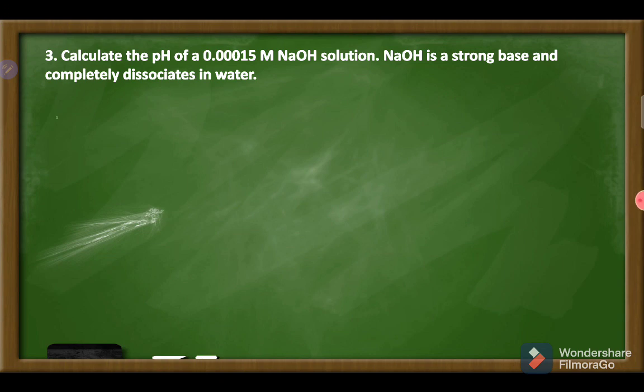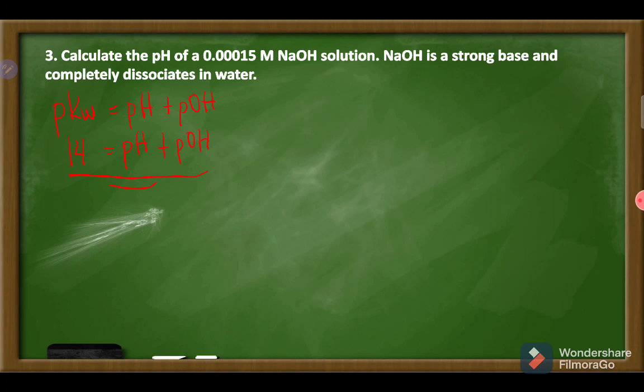We have here the formula pKW is equal to the sum of the pH and pOH. Now, the value of pKW is always equal to 14. So, pH plus pOH is always equal to 14.